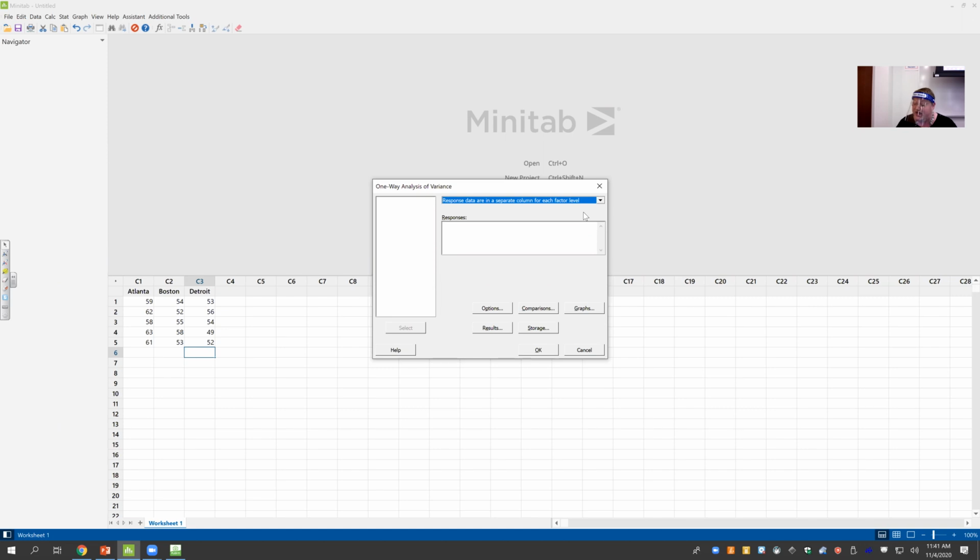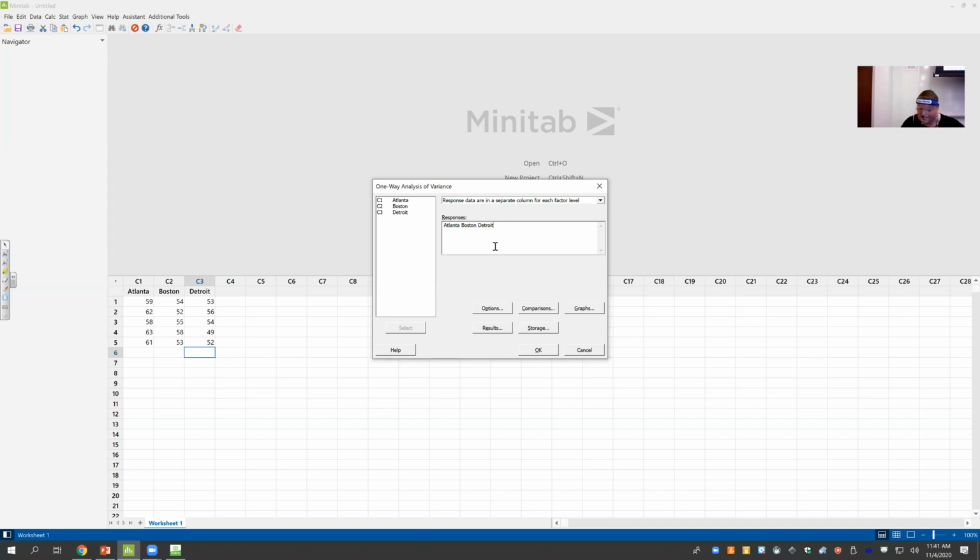And again, that's how I'm going to have you do it every time. Then we click in the box labeled responses, and I have to tell it where the data is located, about all of the data. So I'm going to choose Atlanta, Boston, and Detroit. You should have all three of those in the responses.